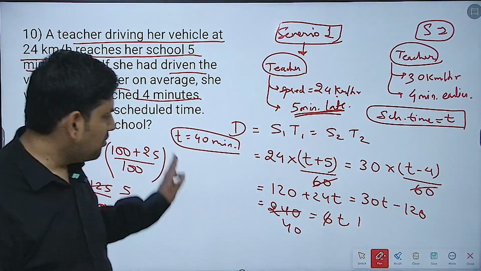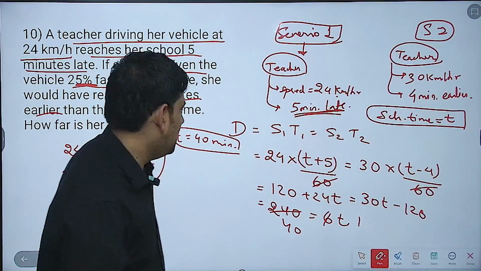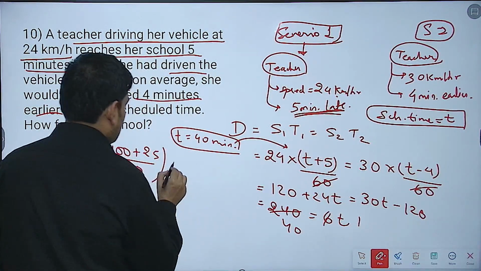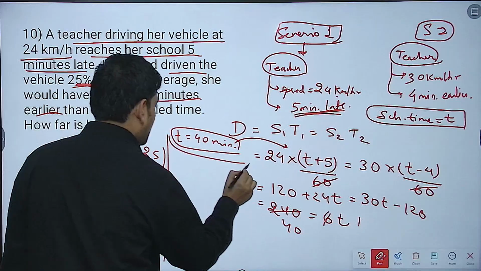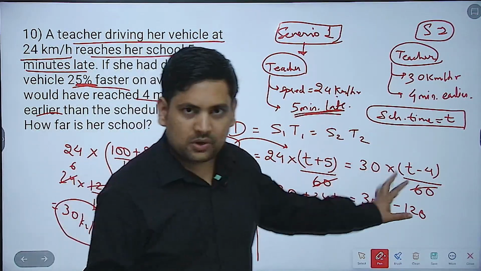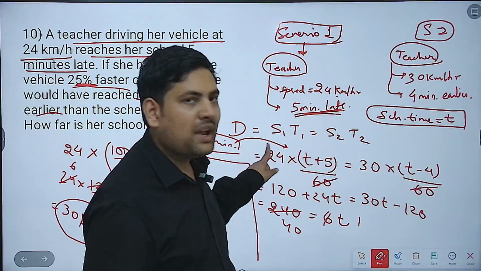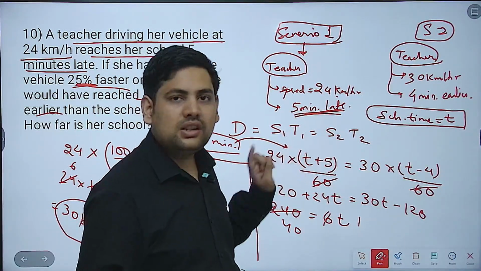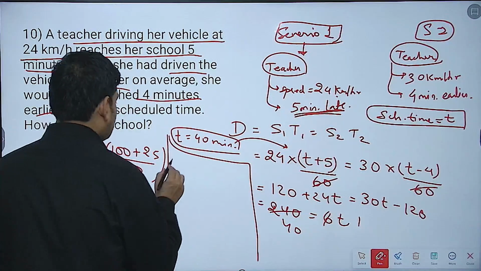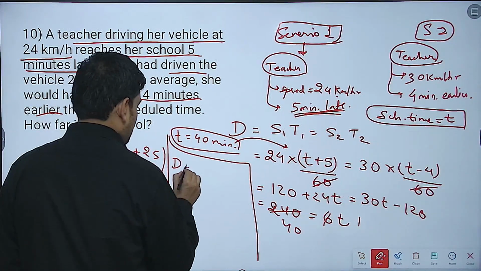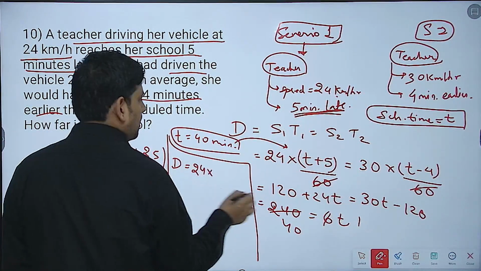Now you can put it in any equation, any of them. Let's put it here. Because eventually distance is asked from you, so first thing was equating both of them, getting the scheduled time. So you got the time, then you put it back here. You can get distance from here. Now distance will be equal to 24 into t plus 5.